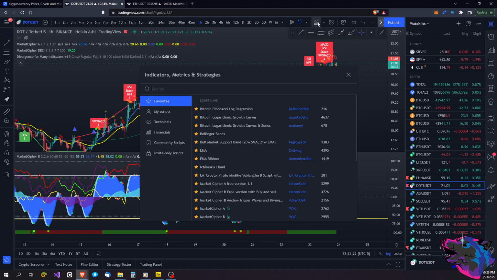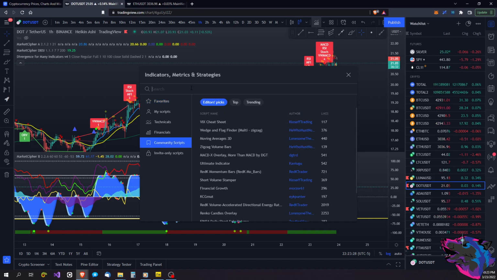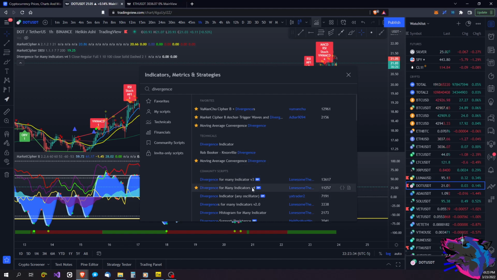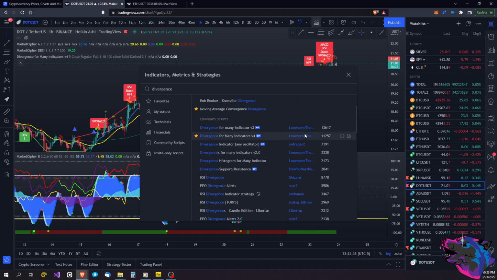If you come over here to Indicators, Metrics, and Strategies, it's going to be in Community Scripts, and you just type divergence, and you can see we've got 3, 4. It's by this lonesome guy, the name got cut off. 2, and then I haven't tried this one yet, this histogram for many indicators.